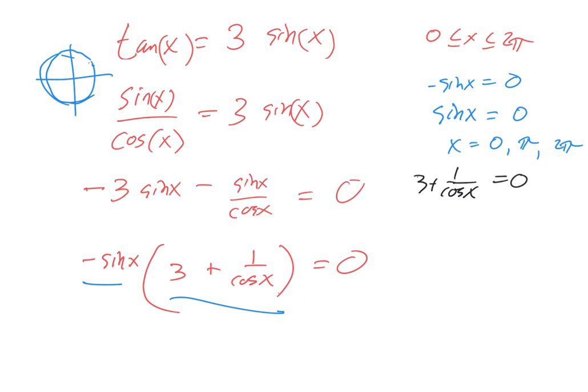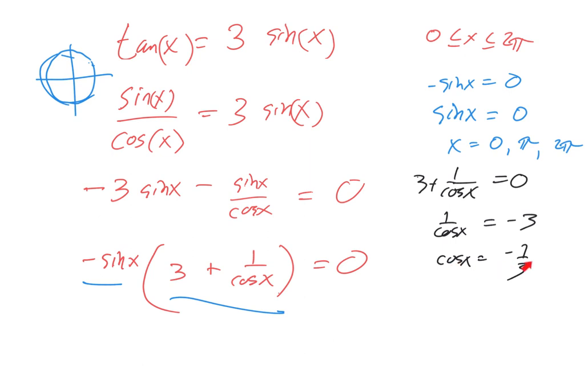Then I'm going to solve when is 3 plus 1 over cosine of x equal to 0. So I'm going to have 1 over cosine x equals negative 3. Cosine of x is equal to negative 1/3. And then, looking at my unit circle, where is cosine negative? Cosine, remember, in my unit circle, is the x-coordinate.